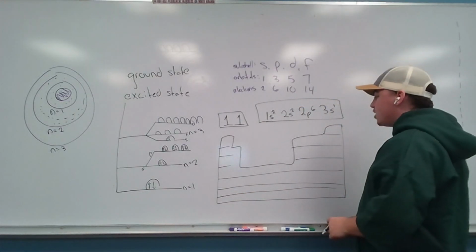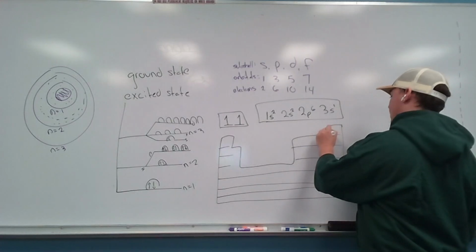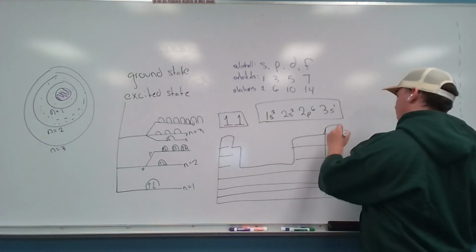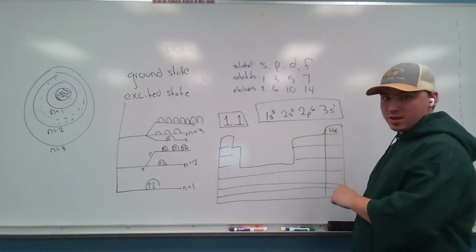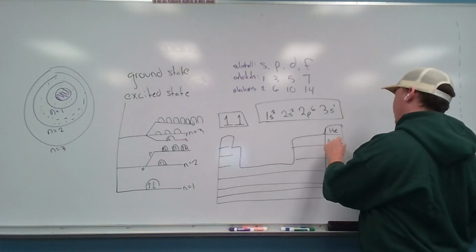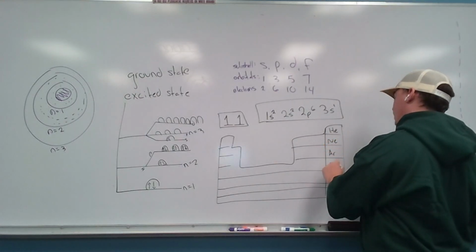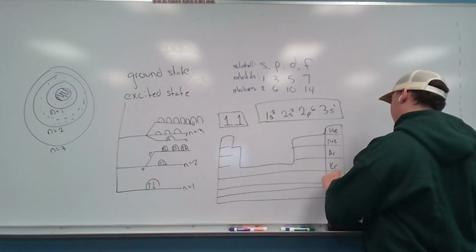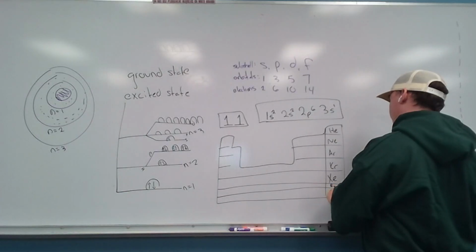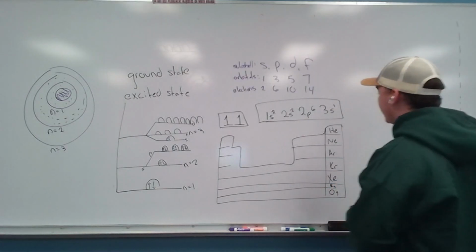Anyways, in each period, you're going to have a noble gas on this end. Helium, and then I think there's neon. Yeah, I was right. Neon, argon, krypton, xenon, and then radon, and then oganesson. Og. That's a fun one.